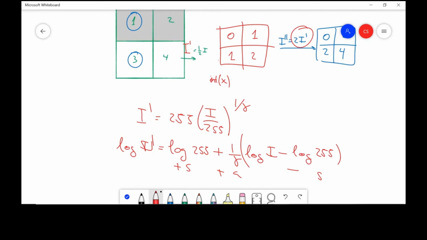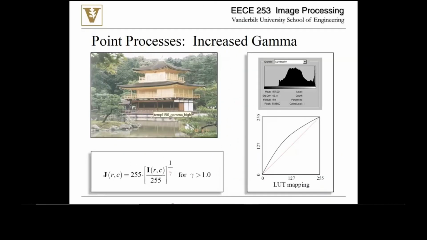Okay, so for instance, if gamma is larger than 1, what we are doing is bending the transformation upwards. So we have here the identity transformation. The identity takes an input value and returns the same value.